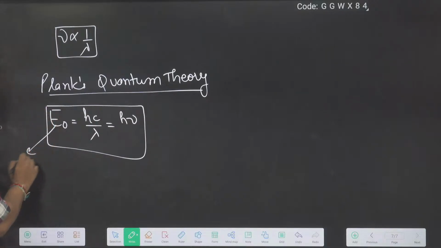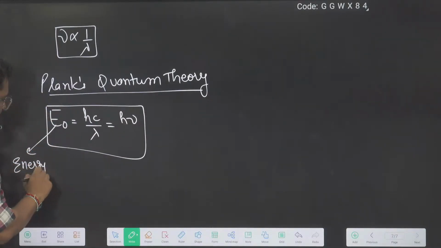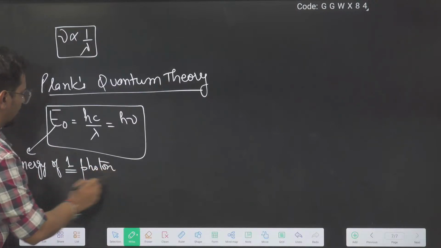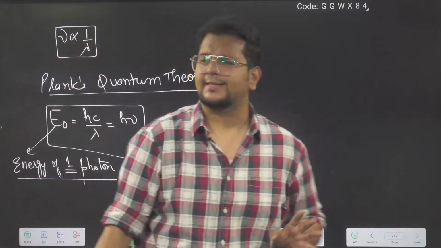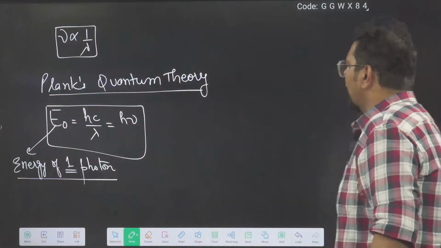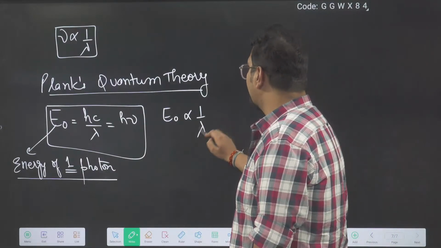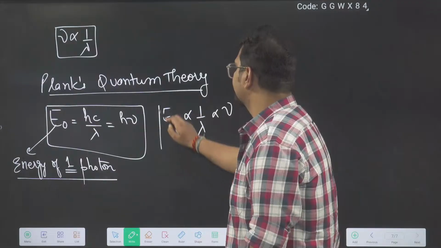What is E naught here? Energy of one photon, per photon, one photon only. Energy of one photon is hc by lambda equal to h nu. So energy of the photon is inversely proportional to wavelength and directly proportional to frequency.